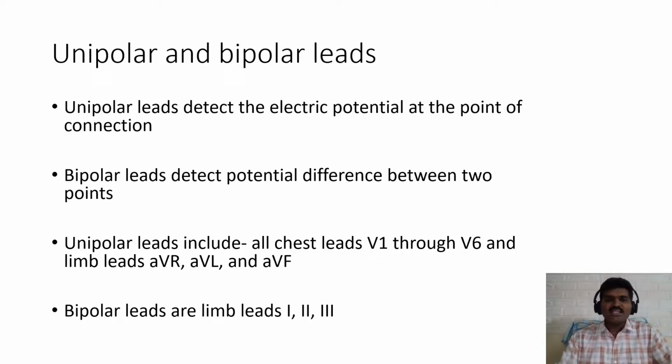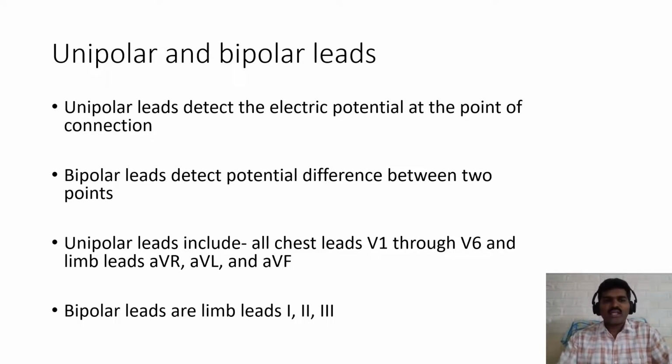Unipolar leads include all the chest leads V1 through V6 and limb leads labeled as AVR, AVL and AVF. That is the lead connected to right arm, left arm and the left foot. There is a small a in front of the lead denotation that denotes augmentation.